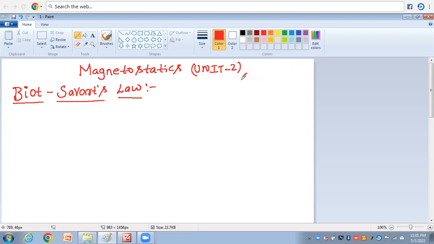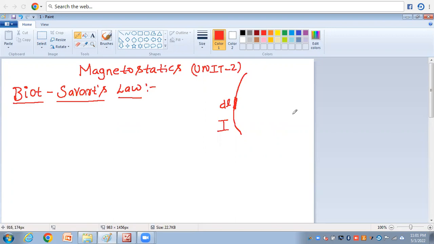Let us consider one conducting wire. The current flowing in this conducting wire is I. Consider a differential length on this wire, denoted dl. The current differential element is I dl.